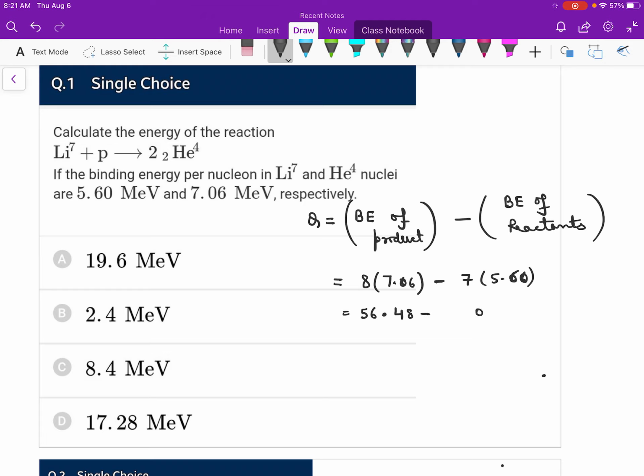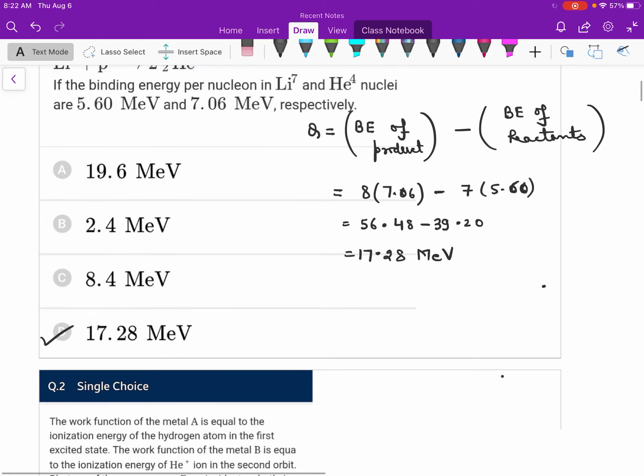This is 7 6s are 42, 7 5s are 35, 39.20. So this is 17.28 mega electron volt. So this is the energy of reaction.